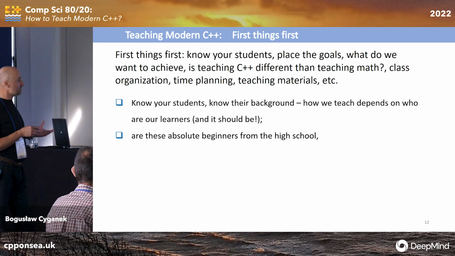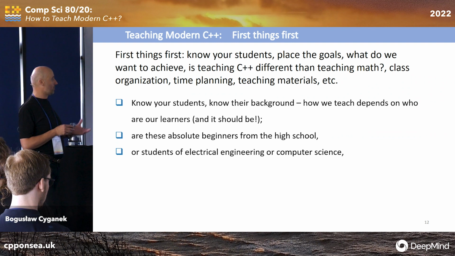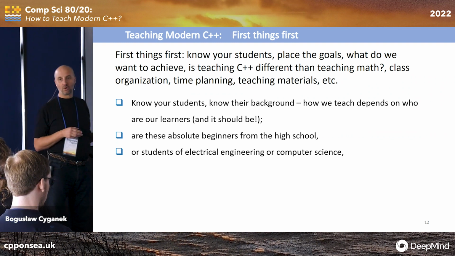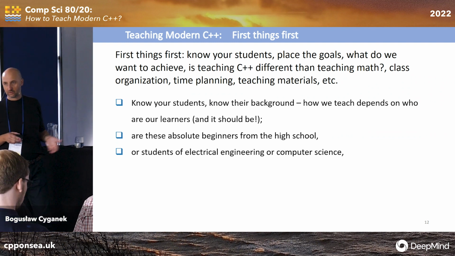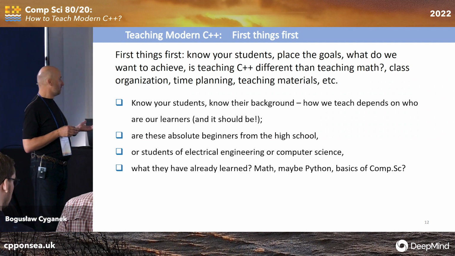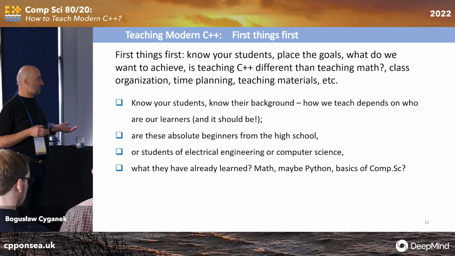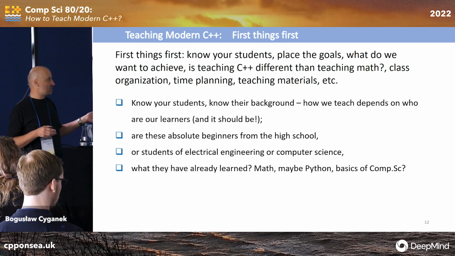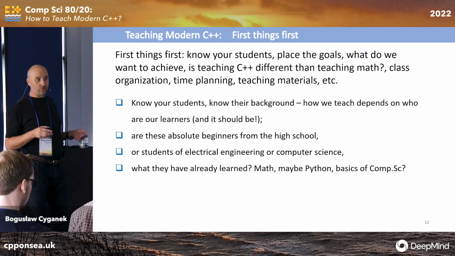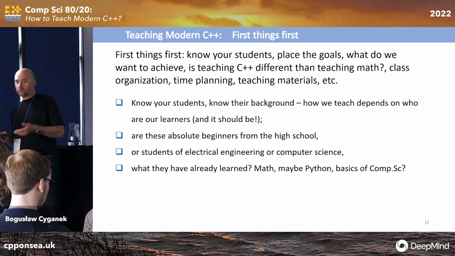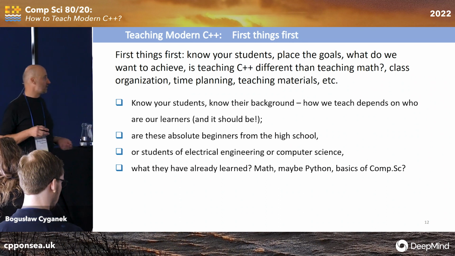Are these absolute beginners, for example, from the high school, or students of electrical engineering or computer science? The majority of my students are like this. Or what they have already learned, maybe Python, other languages, maybe a little bit of C++, and usually they are not equal. Some know Python, some know C, things like this.